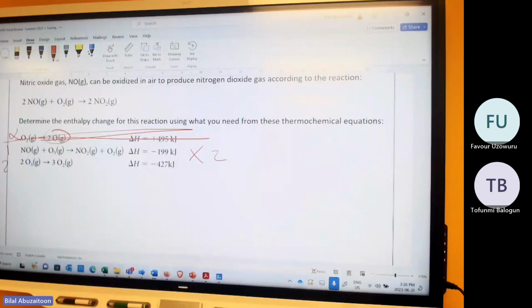O3 is not part of the overall equation. In the first equation it is one of the reactants, so in the second equation it should be one of the products so that it will be crossed out. So this should be times -1, right? Yes, -1, because the first one will be multiplied by 2, giving 2O3 on the other side.